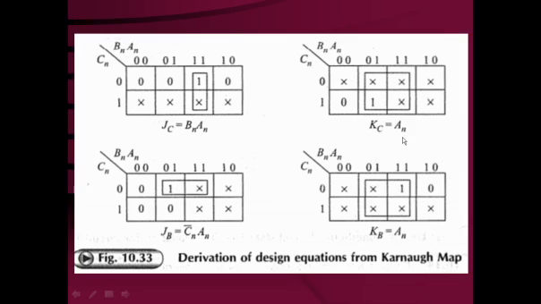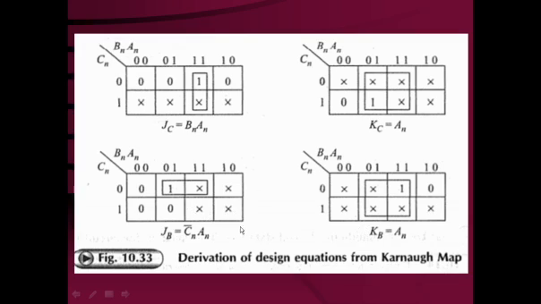So that way, the function of Kc and Jc, that means the input of flip-flop C, has been obtained in terms of the present state of the output. Similarly, the same work we can do for flip-flop B. We have the column for present state, the next state, and the columns for JB and KB.